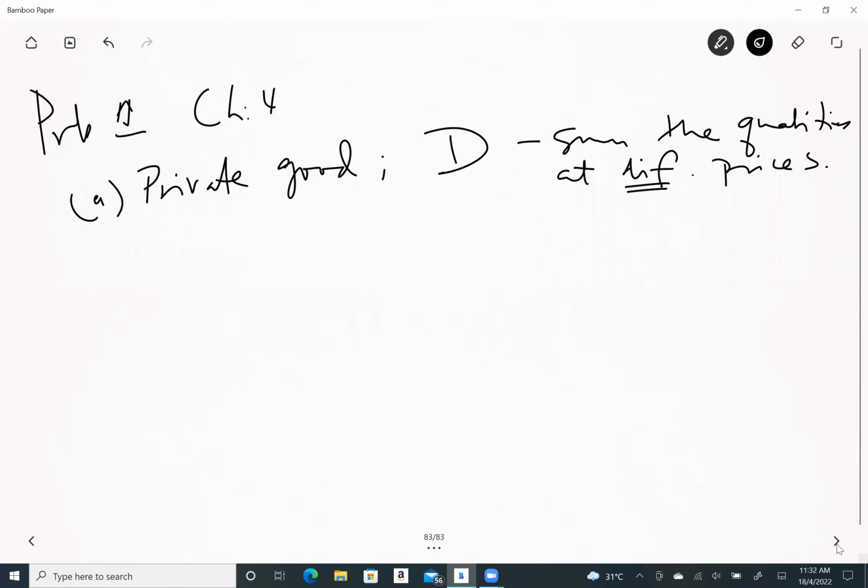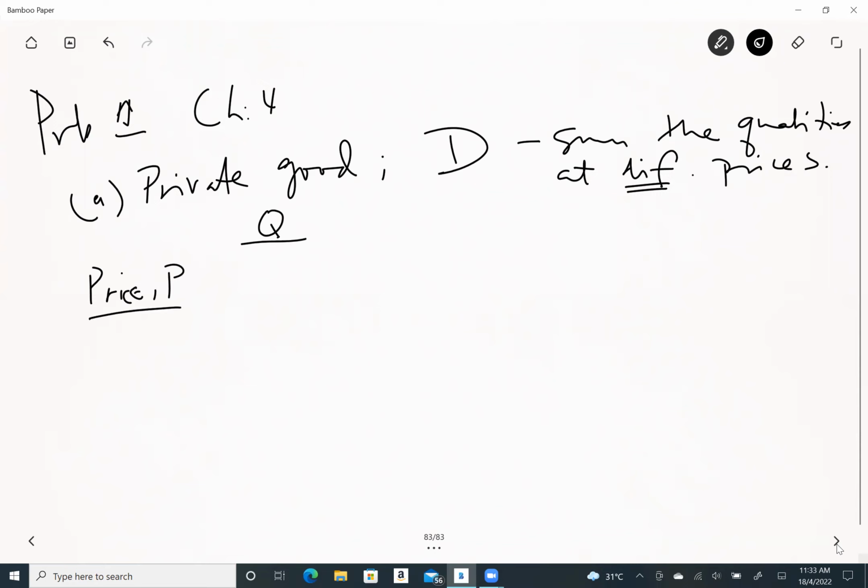So marginal benefit is the price. And then you add the quantity, right? Quantity 1, 2, 3, 4. So what you do here is that you put the price, P, and then this is the quantity, Q.